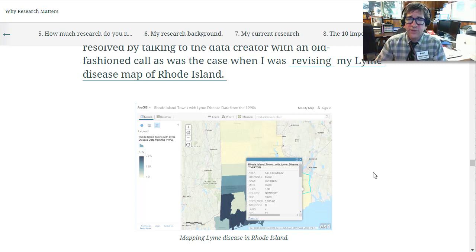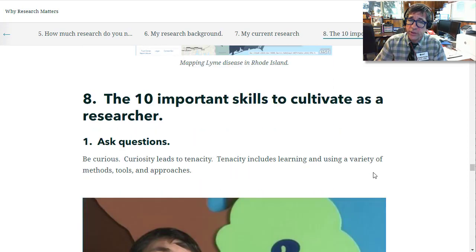It wasn't really the case, though, because the state agency had less funding in the decade that I was revising. So the data looked like the rates were going down, but it really was because of the lack of funding. And they weren't reporting as many disease cases as in the previous decade. So again, investigating the source is so critical when you're doing research.